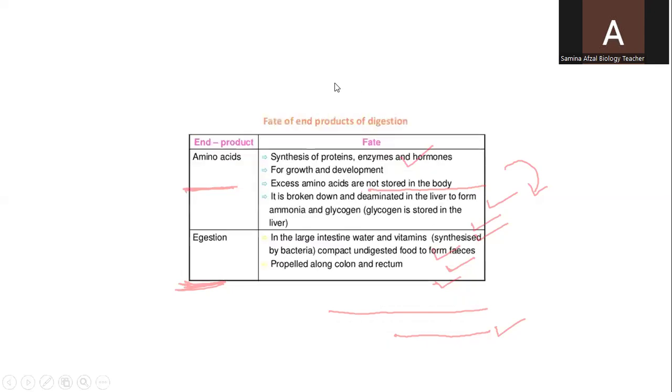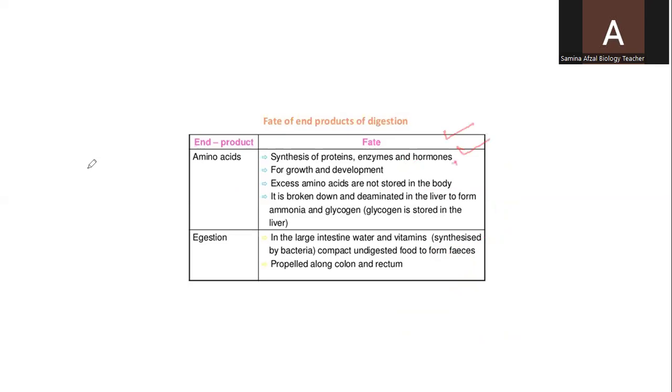In the next slide, the other nutrients: amino acids. Their role in the body after digestion is that they are used to synthesize proteins. All enzymes and hormones are made up of protein, so amino acids help in the formation of these enzymes and hormones.